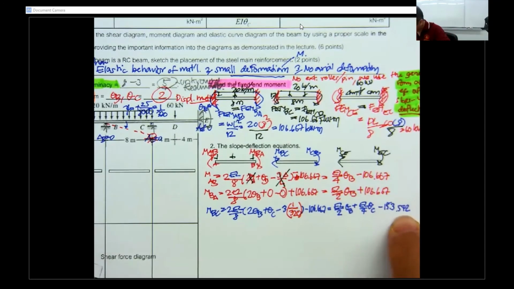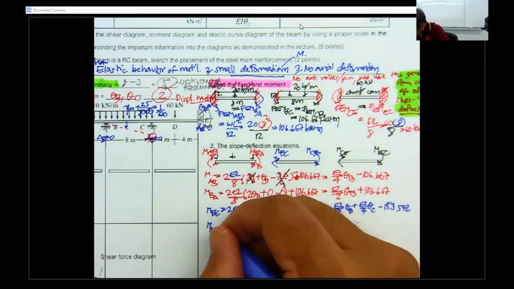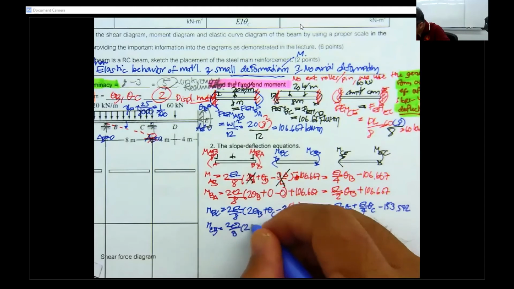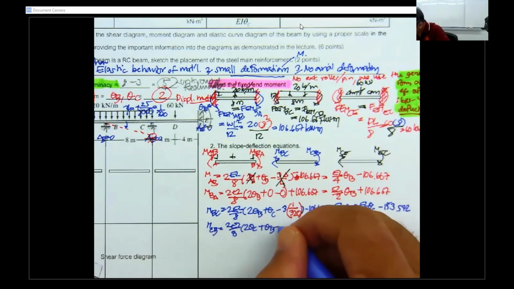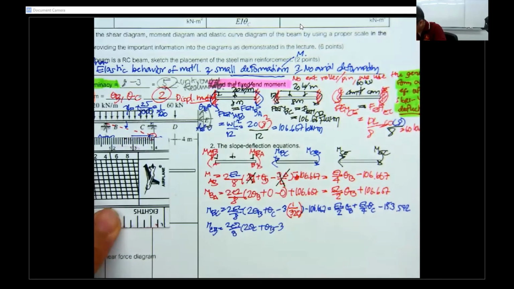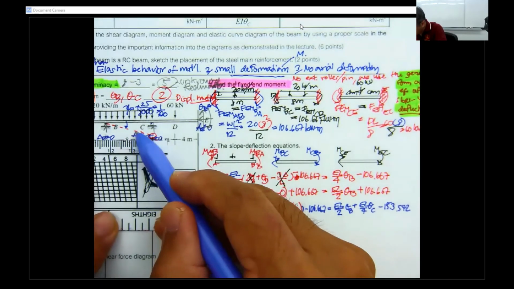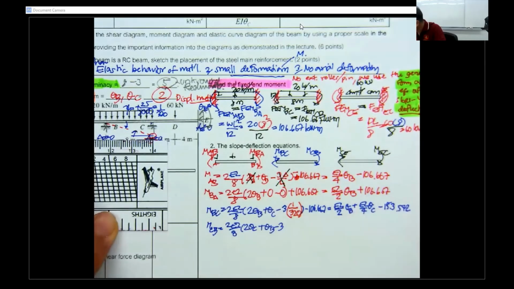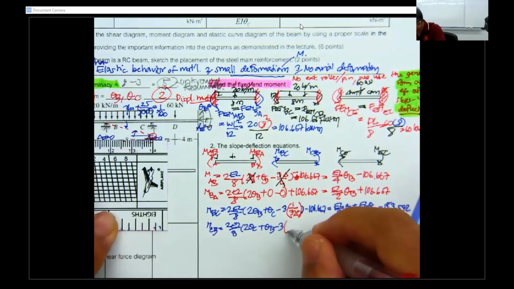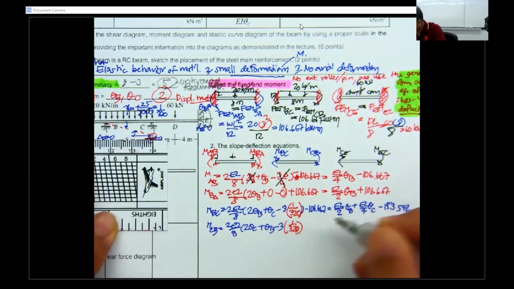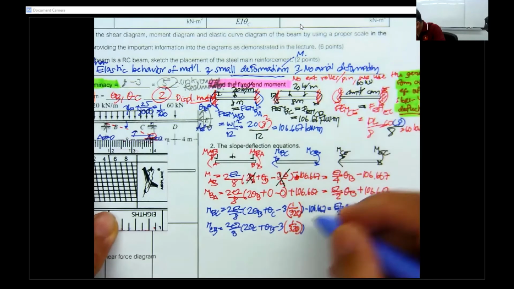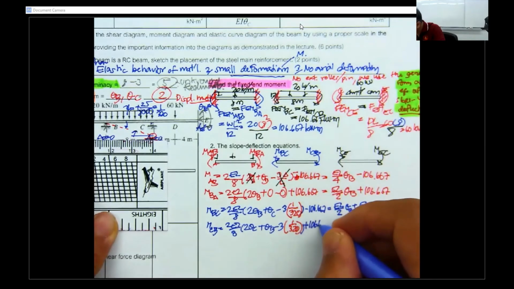Okay. And then we got to go faster. CB, that is going to be 2EI over 8, 2 theta C plus theta B minus 3. Now, on this one, you got to use this angle of phi, and then you minus the same, it's going to be clockwise positive. That is going to be 1 over 320. And then you use this one. This is going to be positive plus 106.667.